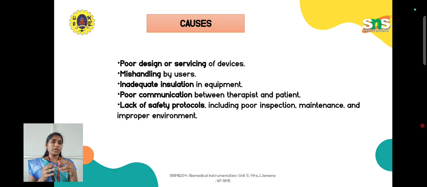The insulation property of the equipment is very important, because insulation prevents current leakage. So we have to ensure, before purchasing any equipment, that it has adequate insulation properties.